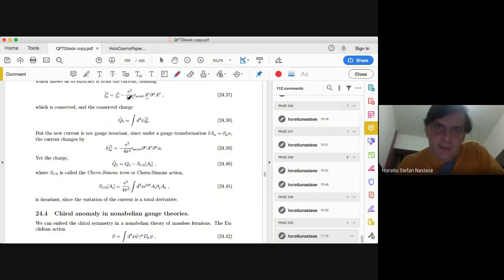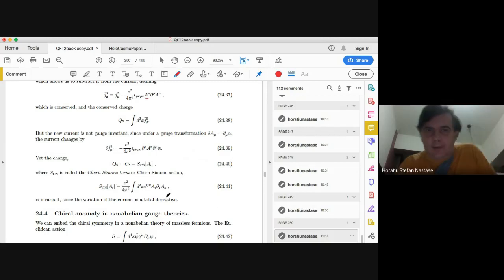So there's this e squared over 4 pi squared, there's the integral over space that we have, and then the index mu equal to 0 comes on epsilon. But epsilon mu rho sigma is the same as saying that I put nu rho sigma to just spatial indices, but still totally antisymmetrized. So epsilon ijk, and then times a_i d_j a_k.